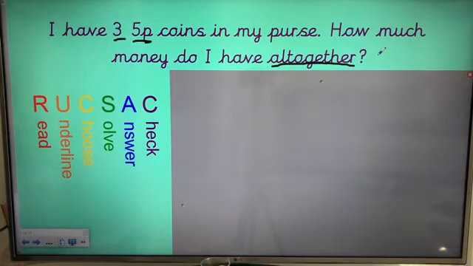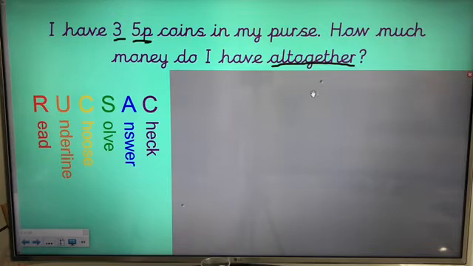So when we have the words all together, it suggests we're going to put numbers together. So we could be adding or we could be multiplying. I could read this question as I have 3 lots of 5p coins, which suggests that we're going to multiply, because I said that when we see the times sign, we can say lots of or groups of.